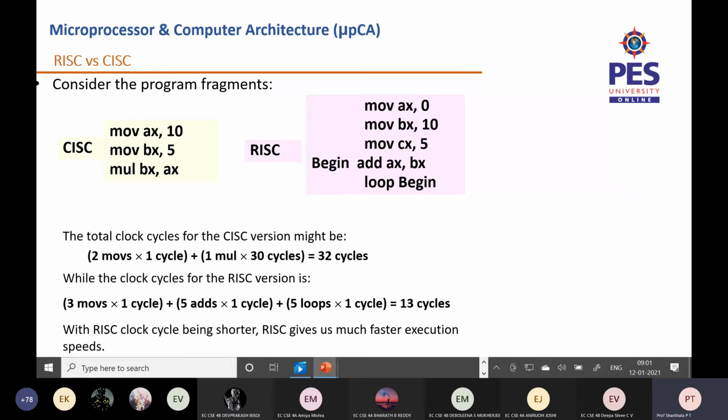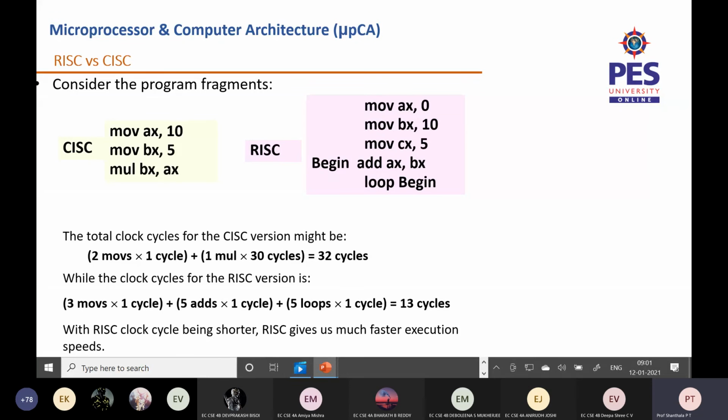While the clock cycles for the RISC version is, in the RISC version you can see we have 3 move instructions with 1 cycle each, and we have 5 add instructions. See here, instead of a direct mul instruction we are using add instructions.